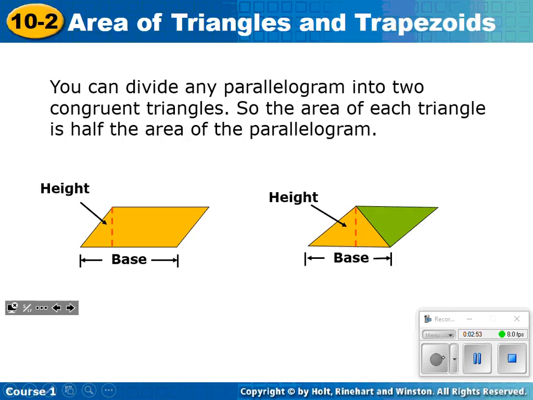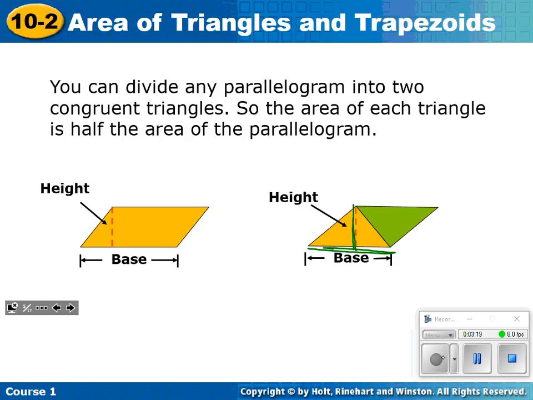Base times height. So if you had this parallelogram, you would take the length of this base times how tall it is, right? Well, what if you just had one of these triangles? These two triangles are the same size. Do half of that, right?